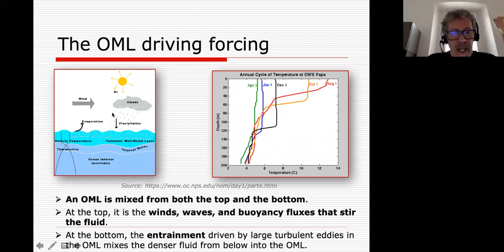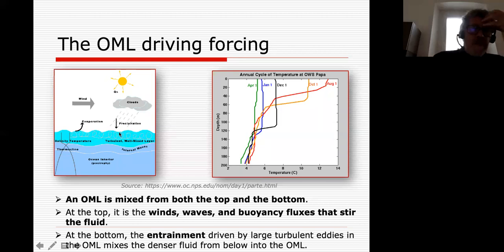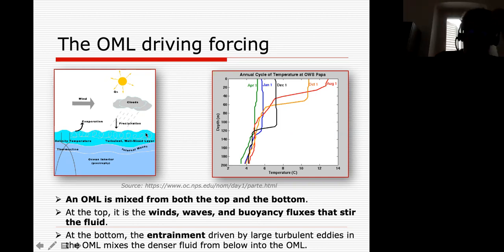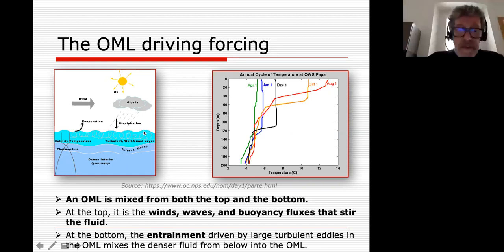On the other hand, in the atmosphere, you have clouds that can create rain or precipitation, which can freshen the surface water, making it lighter and creating a sort of buoyancy input here.